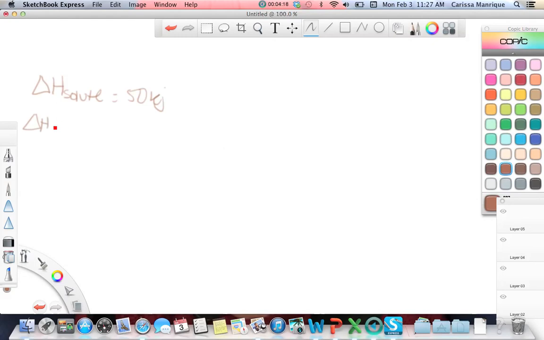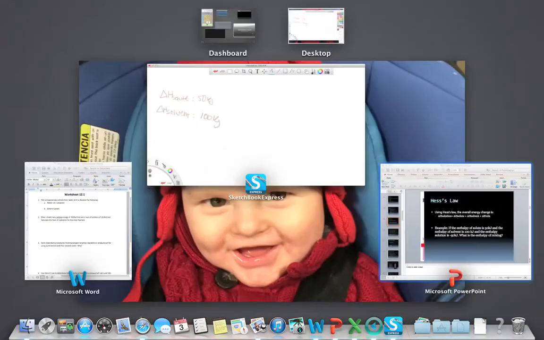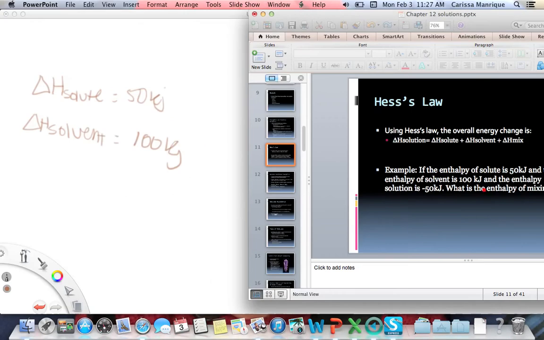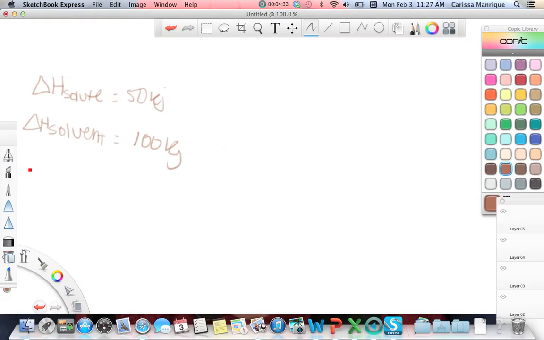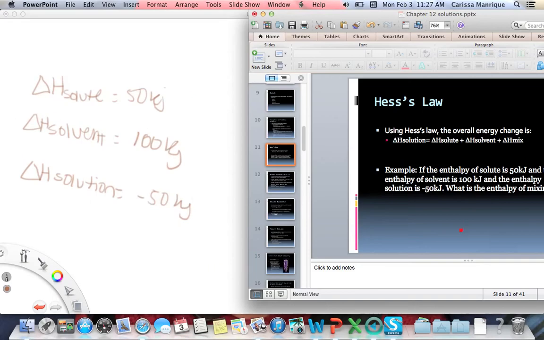Delta H solvent equals 100 kilojoules. And the enthalpy of solution is negative 50. Delta H solution equals negative 50 kilojoules. And it wants to know, what is the enthalpy of mixing?